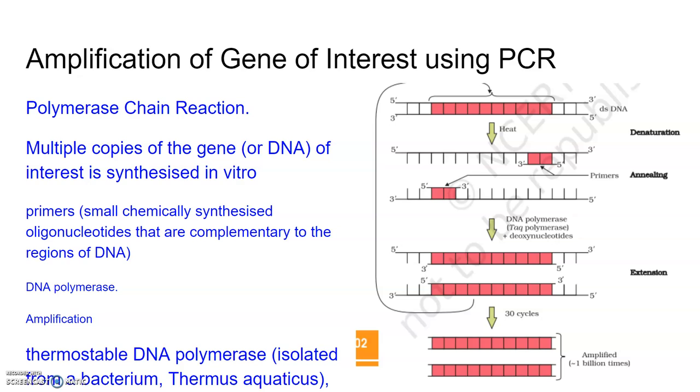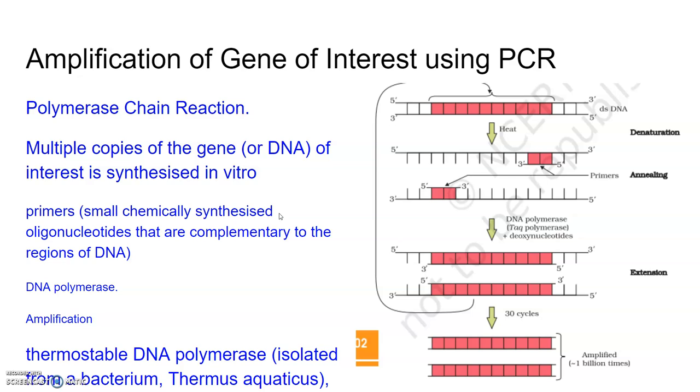The next step is the amplification of the gene of interest using PCR. PCR stands for polymerase chain reaction. In this reaction, multiple copies of the gene or DNA of interest are synthesized in vitro. In vitro means under artificial conditions in the lab, using two sets of primers. Now what are primers? These are small chemically synthesized oligonucleotides that are complementary to the regions of DNA.